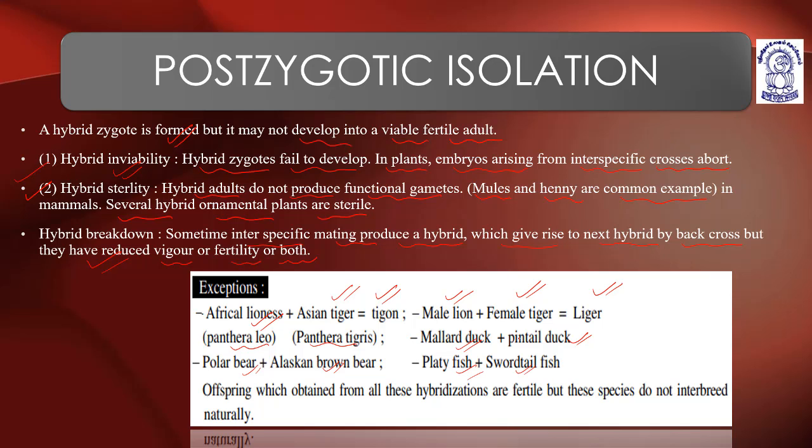So you can see these are many different transgenic animals, and the offspring obtained from all these hybridizations are fertile, but these species do not interbreed naturally. They don't feel like interbreeding naturally, and that is why breeders have enforced it to help them breed.